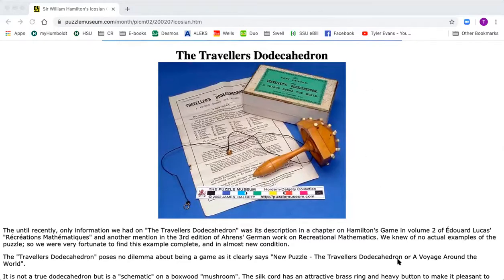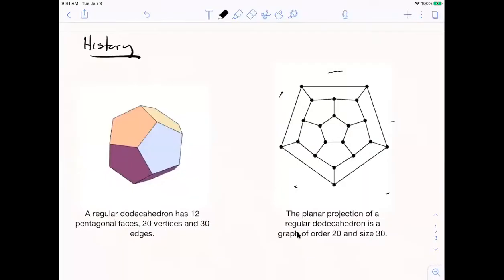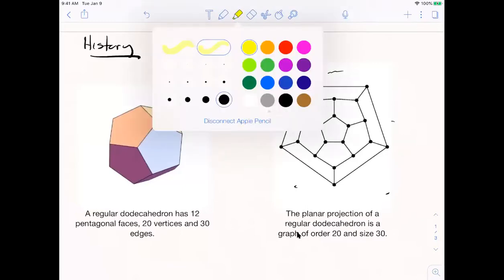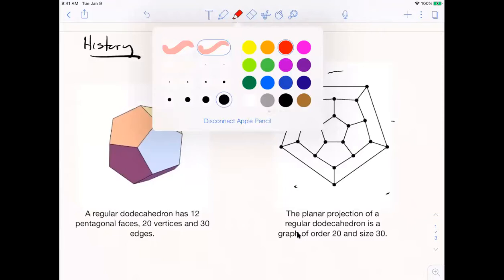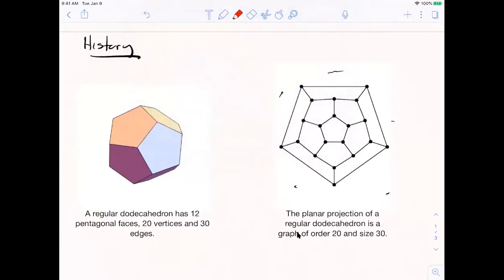So let's see if we're back online, and let's go ahead and try to find, if we can, a Hamiltonian cycle. Let's see if we can win the game here. So let me switch to a color and make this thing not so thick. What we have to do is start at some vertex and try to find a path, rather, visiting every vertex once.